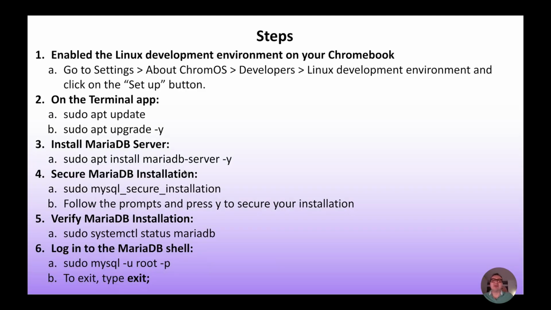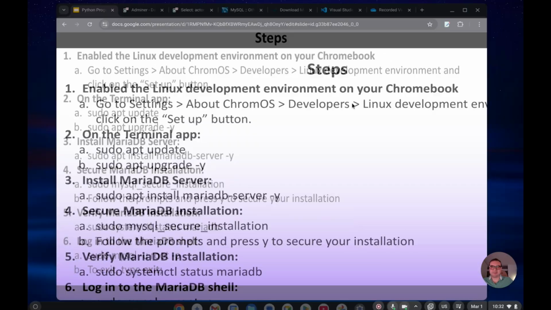I have already created several steps for you to set up all of these required tools and environments. The first thing that we need to do is enable the Linux development environment on the Chromebook. For this, we need to go to settings, About Chrome OS, Developers, and Linux development environment.